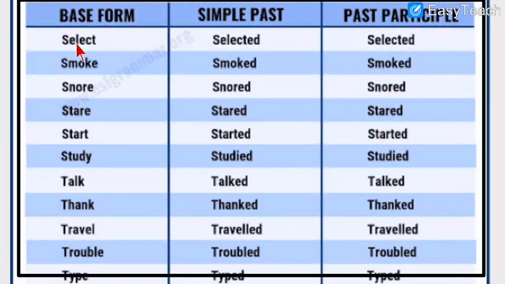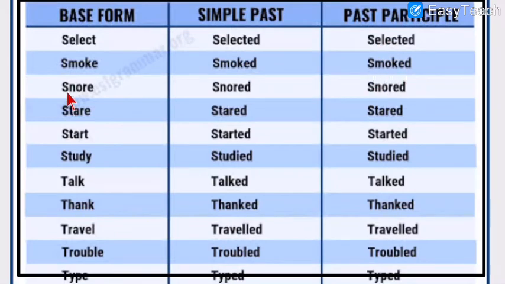The base form of the word is select. Simple past becomes selected, and in the past participle it also remains selected. Again, the base form smoke: simple past becomes smoked, and the past participle also remains smoked.